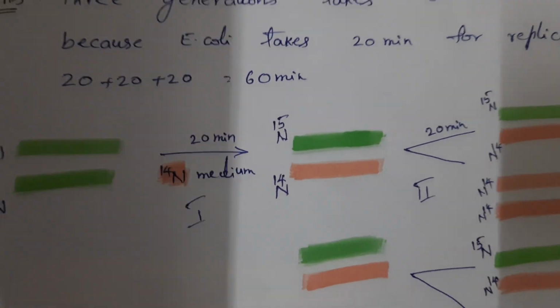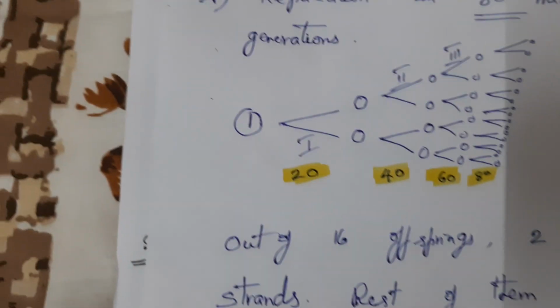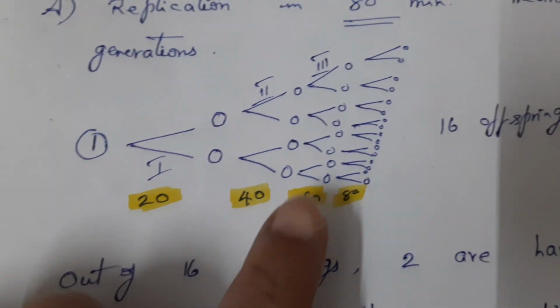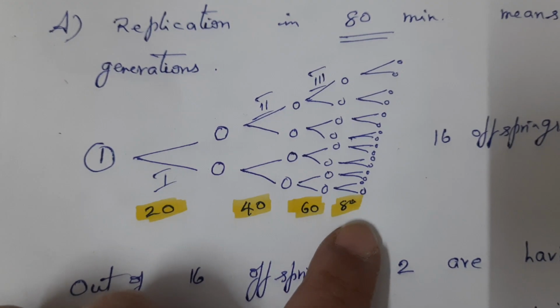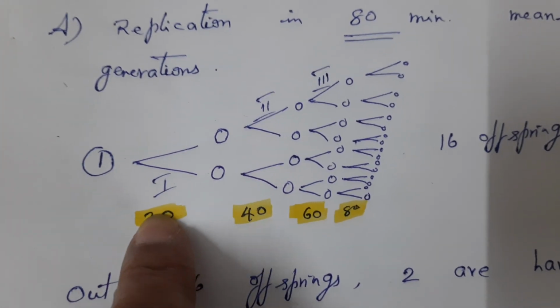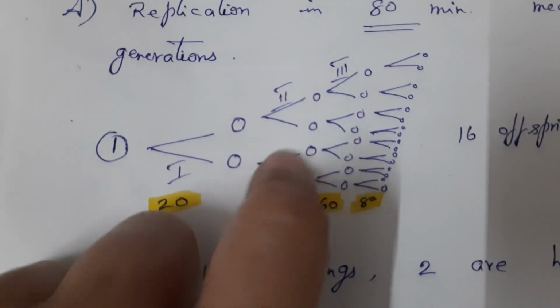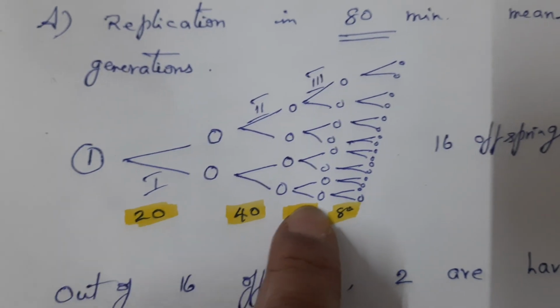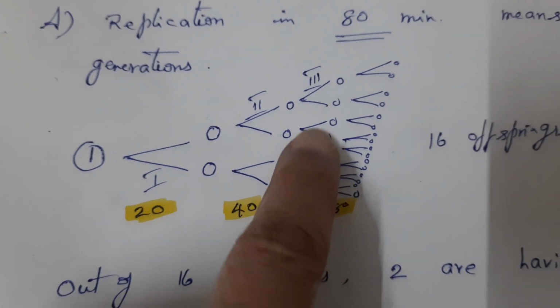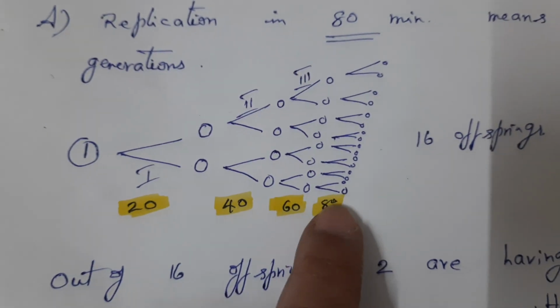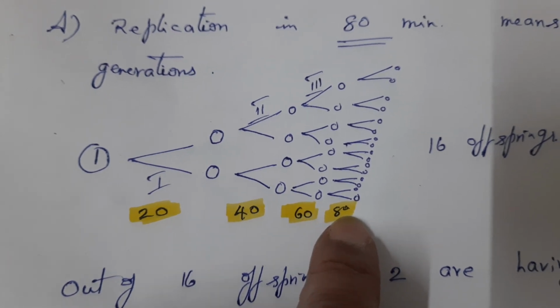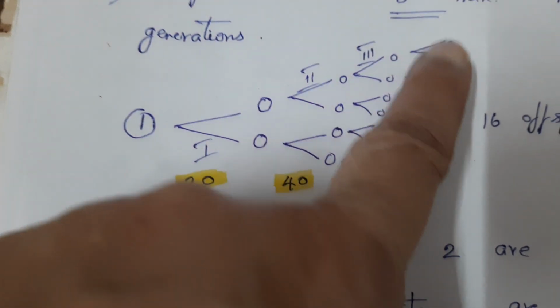Like that, if we take the next ones, total 16 offsprings we will get till 80 minutes. First 20 minutes, 2 offsprings. Another 20 minutes, we get 4 offsprings. In the third generation, that is 60 minutes, we get 8 offsprings. In 80 minutes, that is the 4th generation, we get total 16 offsprings.